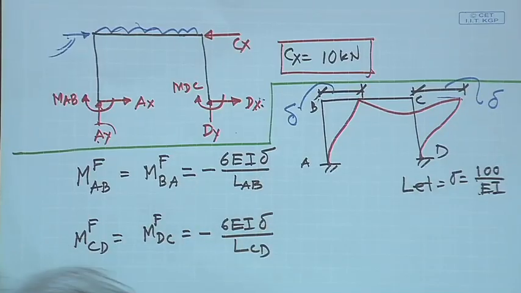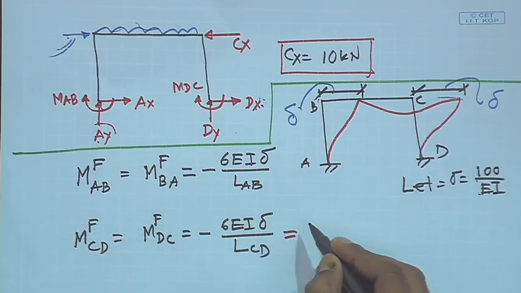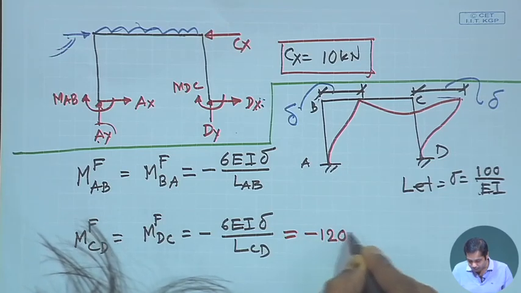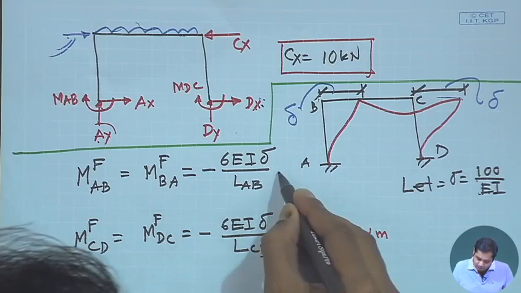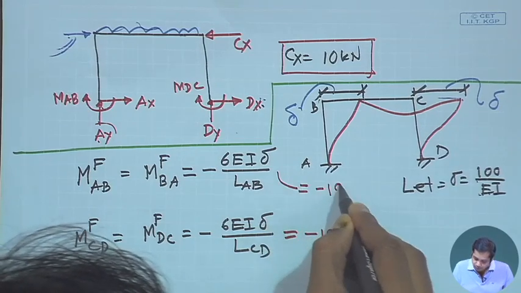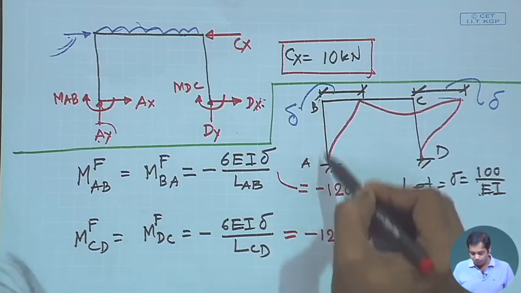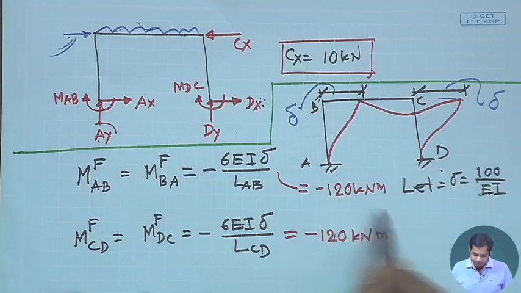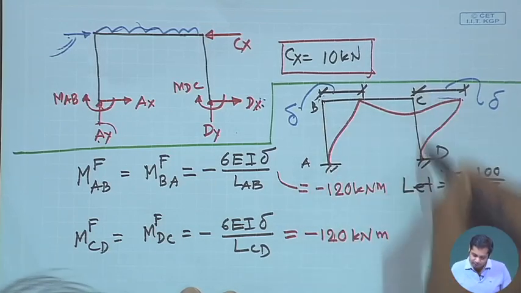So, if we take 100 by EI as delta, then the fixed end moments become minus 120 kilonewton meter, and this also becomes minus 120 kilonewton meter. So, fixed end moments at A, B, C, and D will be minus 120 kilonewton meter for members AB and CD.